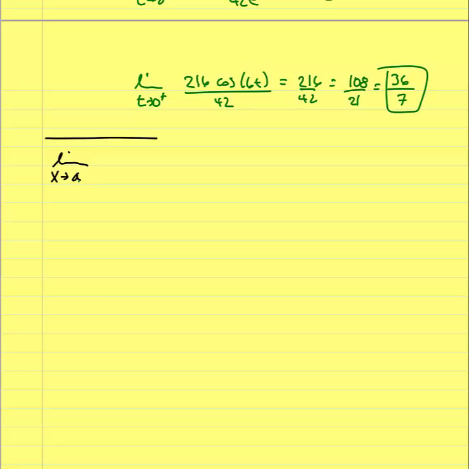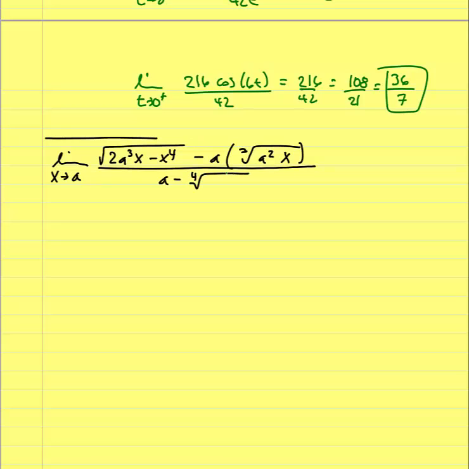They just are using variables, and they're using this expression, 2a cubed x minus x to the fourth minus a, and again this is the problem as it appeared in the text, a squared x all over a minus the fourth root of a x cubed.